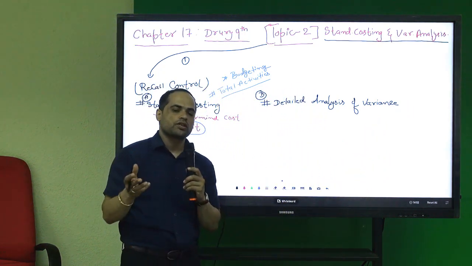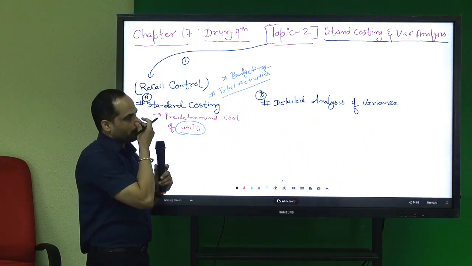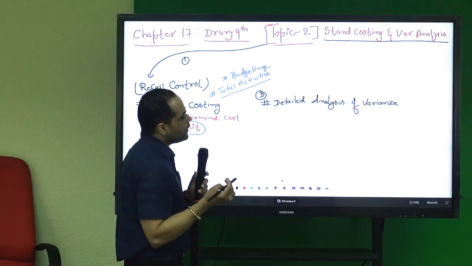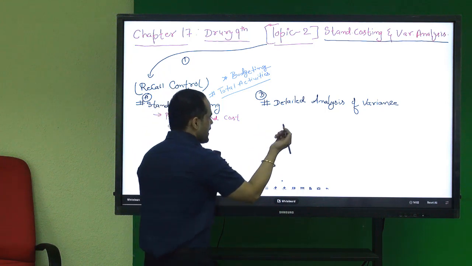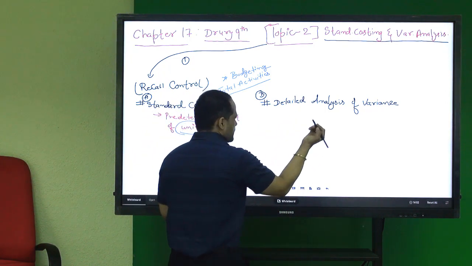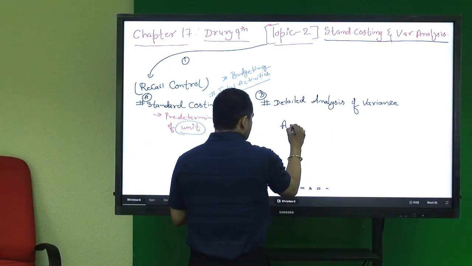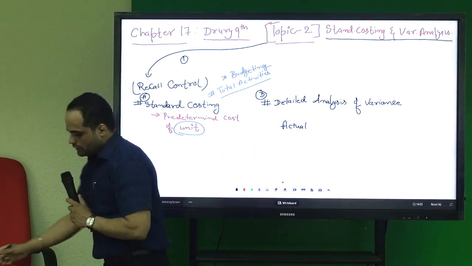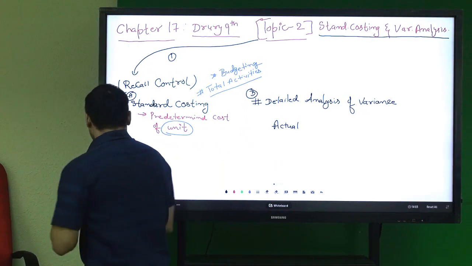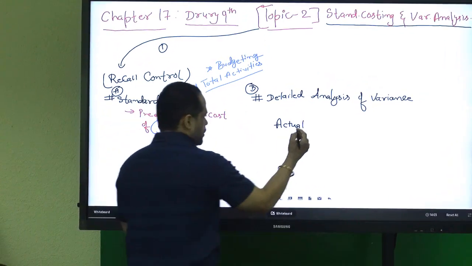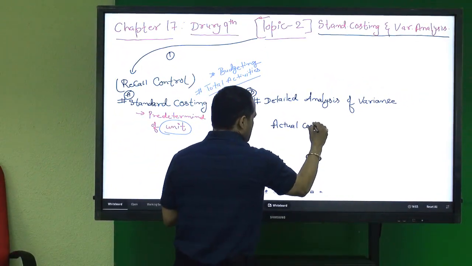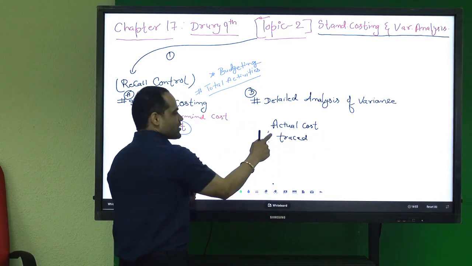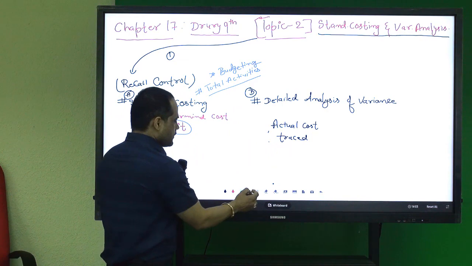So how does it work? We're going to have a look here. We have the actual results, or actual cost traced. In simple words, actual results.